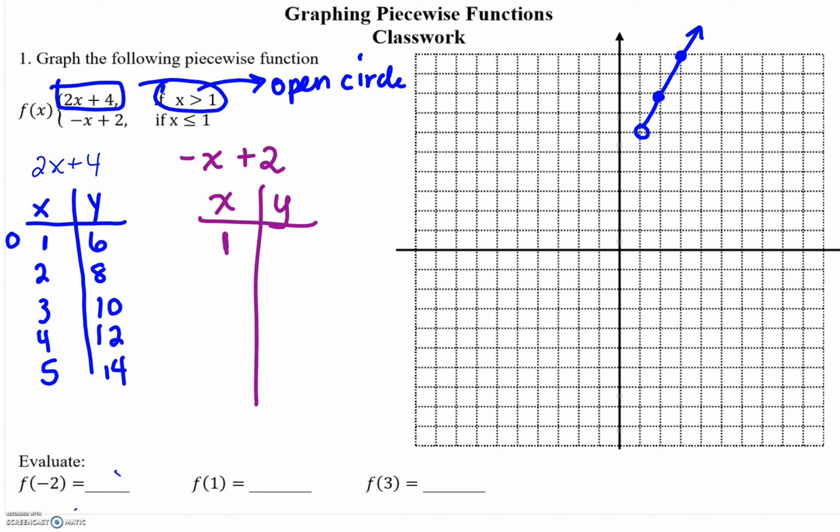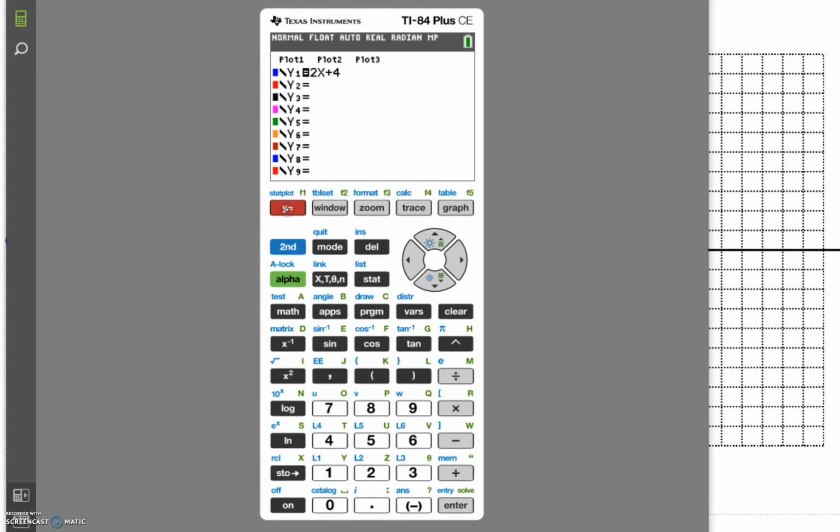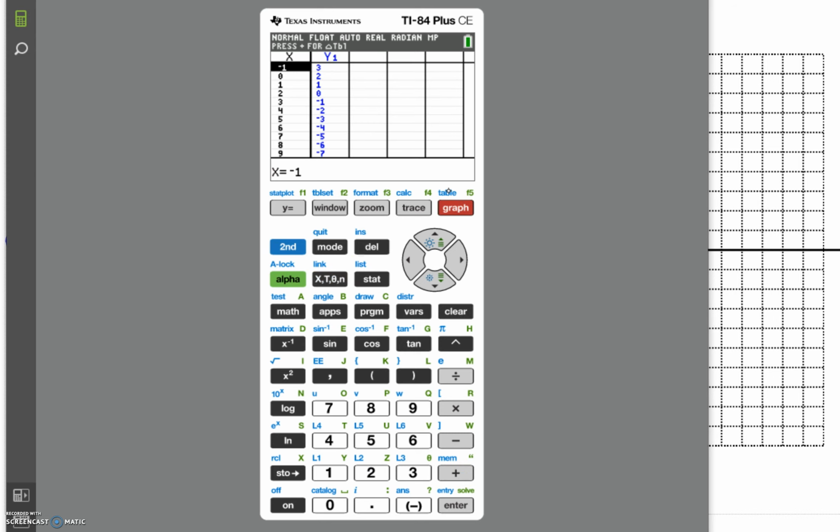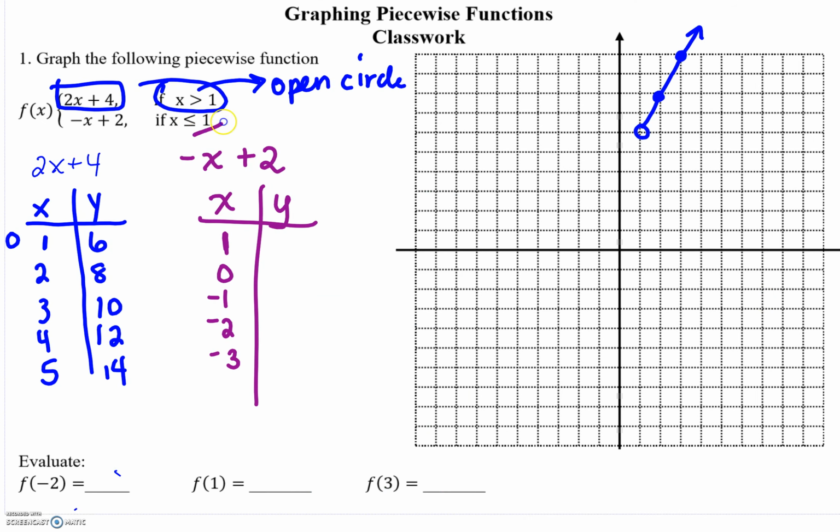And from here, let's think of x values that are less than 1, which is 0, negative 1, negative 2, and negative 3. So I'm going to type into my calculator negative x plus 2 and pull up the table. And we need that point of 1, that's our go-to point, the one that we're focusing in on.